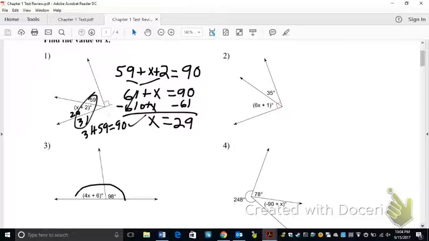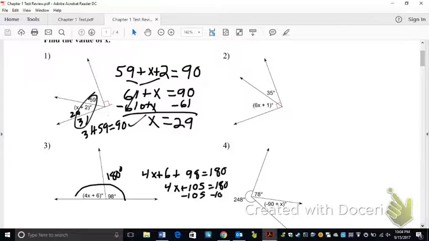Again, we have two angles here which form a linear pair. That means that they add up to 180 degrees. So we have 4x plus 6 plus 98 equals 180. Now, I'm going to accidentally put down 105 here. So I get 180, and I'm going to subtract 105. I get 4x equals 70. I was going to put 75, and then I realized, hey, 75 isn't divisible by 4.